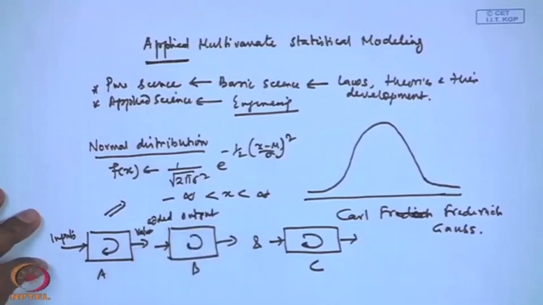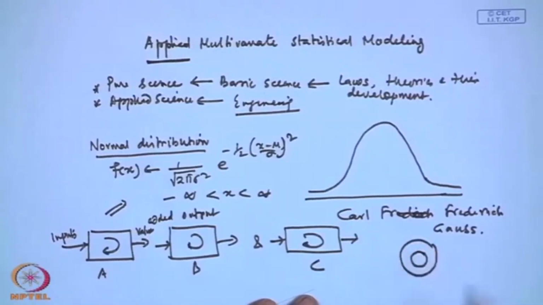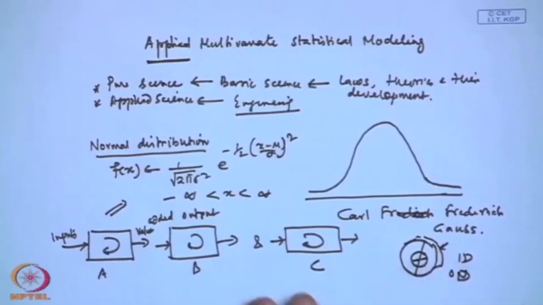Let there be three identical machines producing steel washers. A steel washer is shaped like this, where there is an inner diameter ID, an outer diameter OD, as well as a certain thickness, TH.